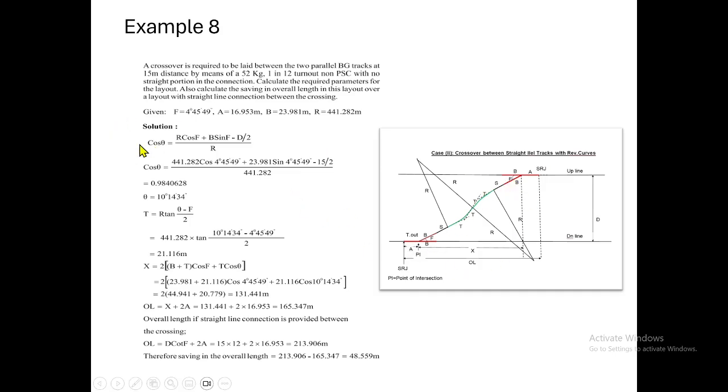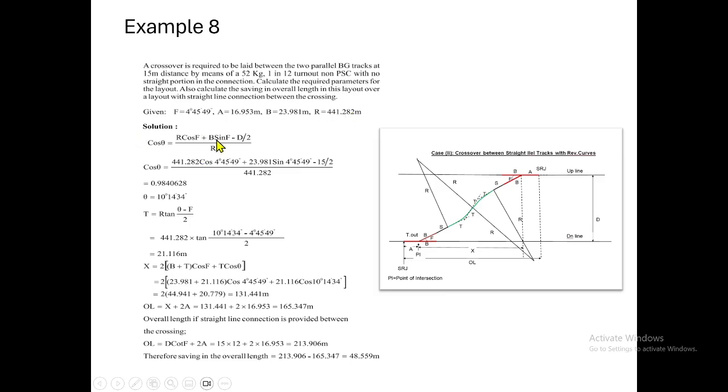So let us take first the reverse curve. The cos theta formula we are applying, and we are finding out the theta first. We know R here for 1 in 12 is 442.82, that is R minus J by 2, the centerline curvature.